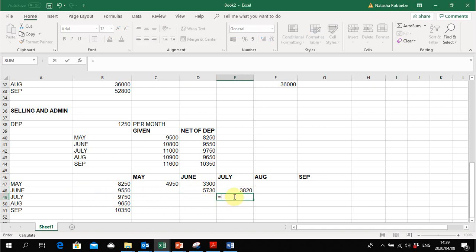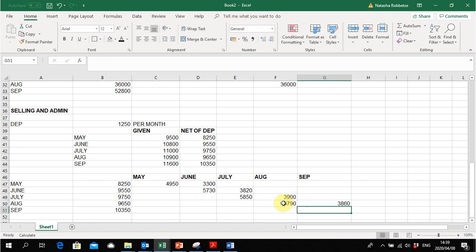For July, we will pay 60% in July, and the remaining in August. In August, we will pay 60% in August, the remaining in September. And then, of course, for September, 60% of September.